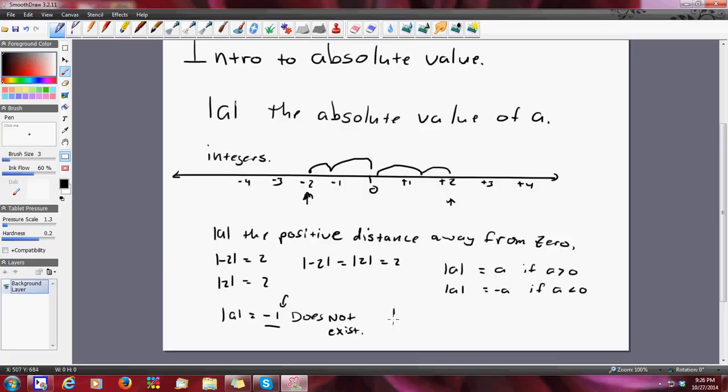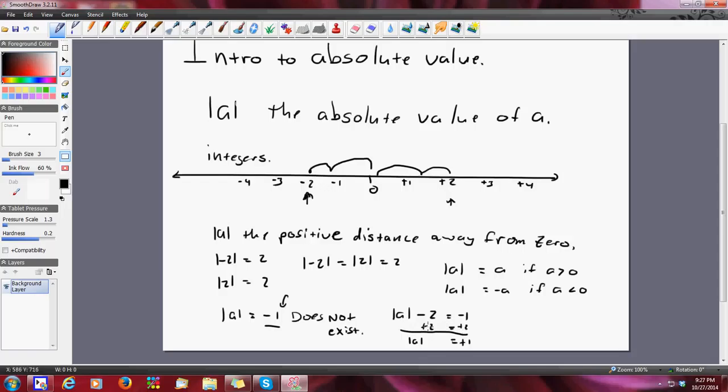You could have something like this, though: the absolute value of A plus -2 equals -1, because you'll add 2 to both sides, and then you'll get the absolute value of A equals +1.